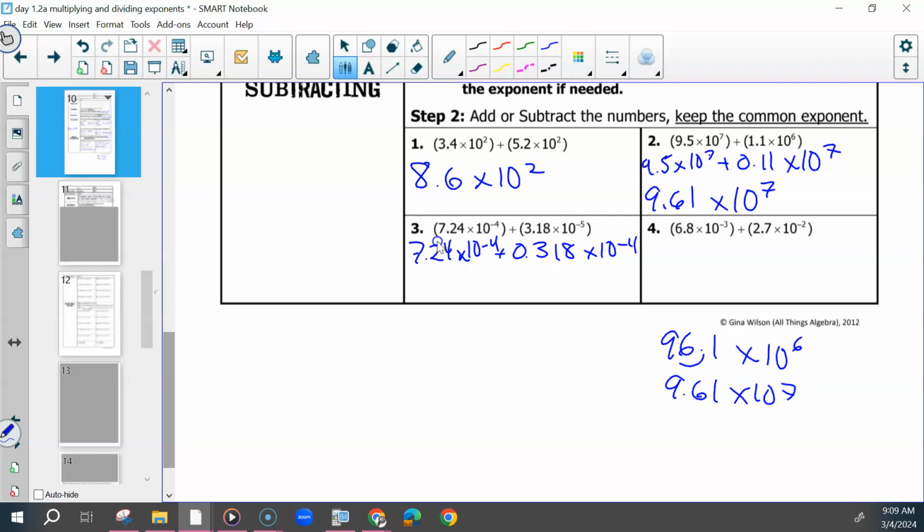And then we could add the 2 numbers. So 7.24 plus 0.318 is 7.558 times 10 to the -4.